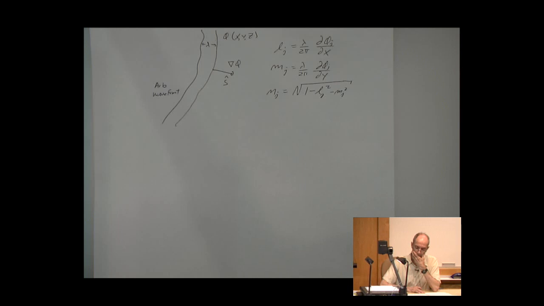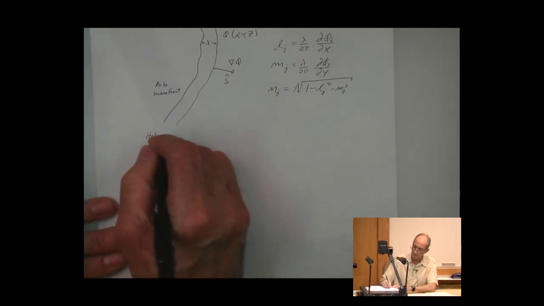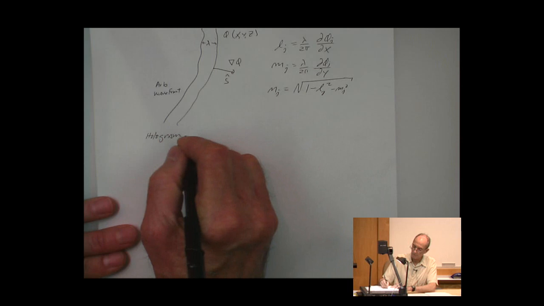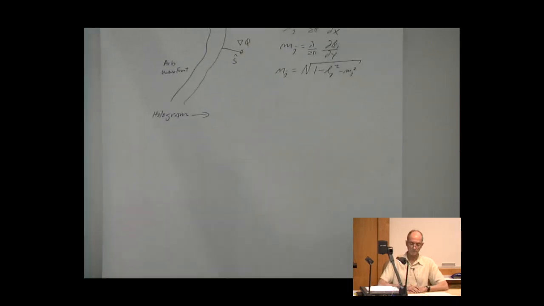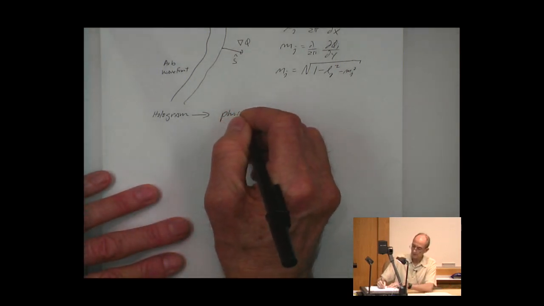Okay, so this brings up an interesting point. So when we think about the hologram, it really is a kind of a phase transformation operator, right? And let's talk about that for a second.